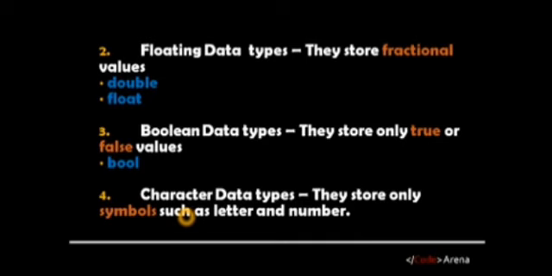All these characters are used together with the syntax char. Char is used with a variable to declare a variable that stores character data types. And don't forget, when you are assigning values to character data types, it is always enclosed in a single quote. Always enclosed in a single quote.